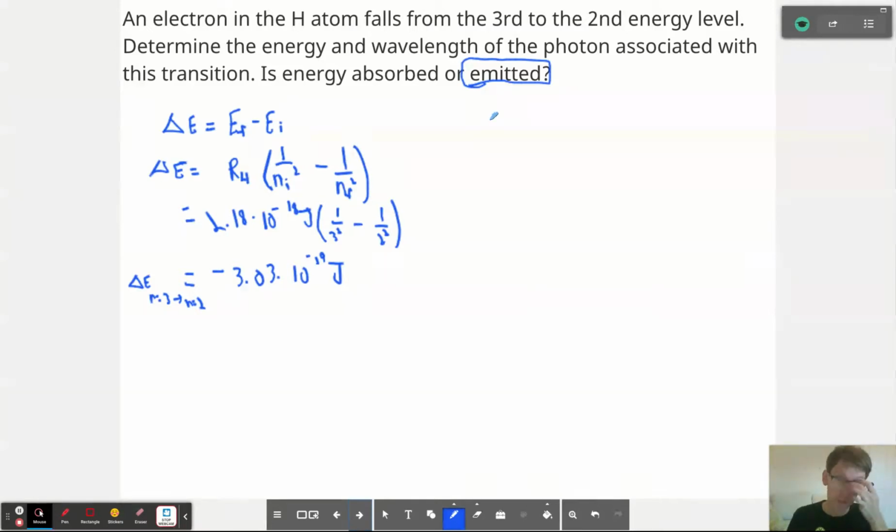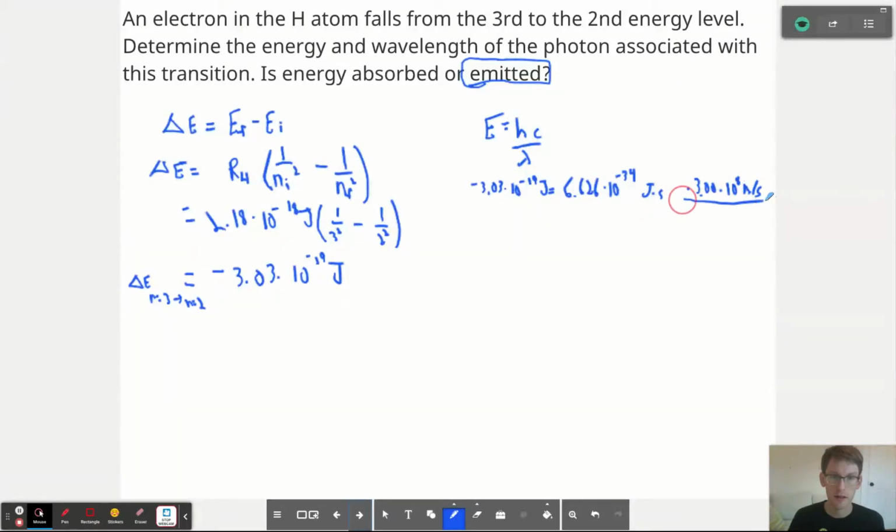Now, from here, if we have the energy, we know that energy equals hc over lambda. And in this case, we know that energy is negative 3.03 times 10 to the negative 19th joules. And that is equal to Planck's constant, which is 6.626 times 10 to the negative 34th joule seconds, multiplied by 3.00 times 10 to the 8th meters per second, over lambda, which is unknown.